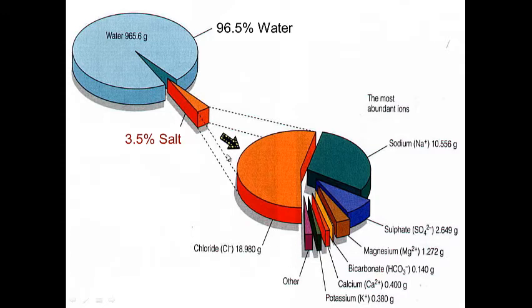But notice, of that 3.5% salt, there's a lot of other stuff in here: magnesium, sulfate, other minerals, calcium, bicarbonate, potassium. So you can see there's other stuff in there. And so seawater is 96.5% water and 3.5% salt.